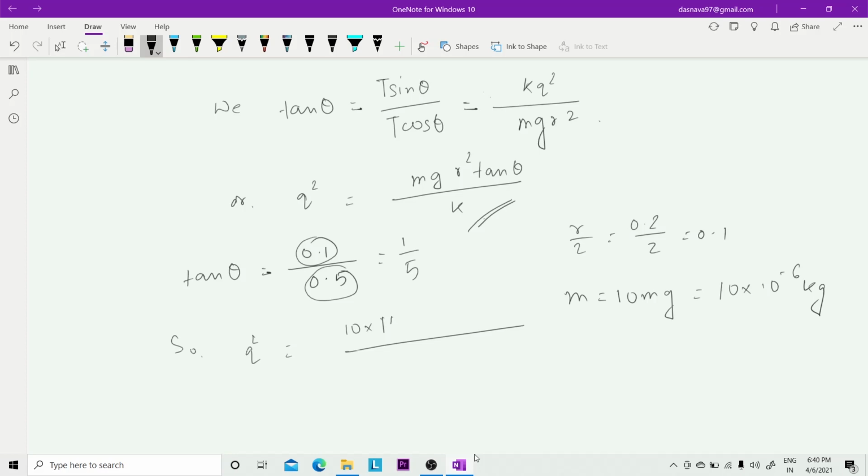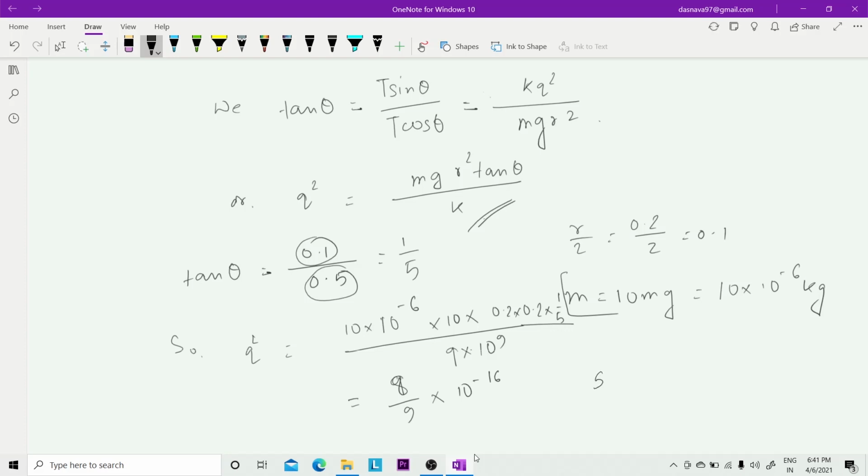So 10 to the power minus 6 into g, which is 10, into 0.2 into 0.2, which is the value of r, and tan theta equals 1 by 5, whole divided by k equals 9 into 10 to the power 9, and we will get 8 by 9 into 10 to the power minus 16.